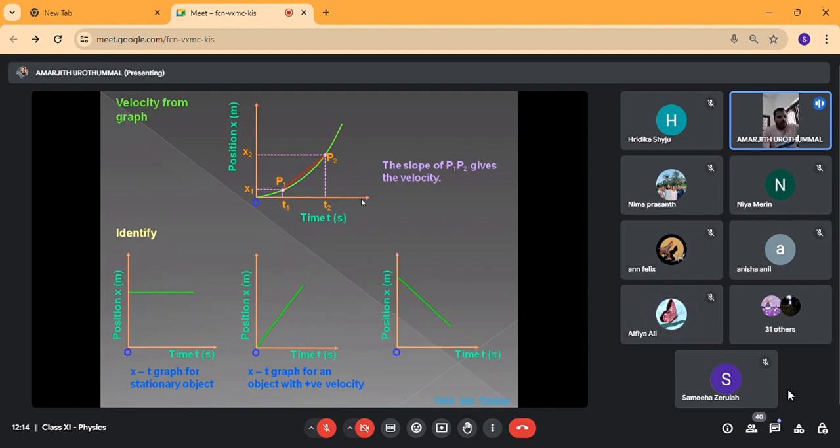Now, what does this represent? See that uniform motion, I made it just in reverse. Negative. Yes, one by one. Nima, please answer.